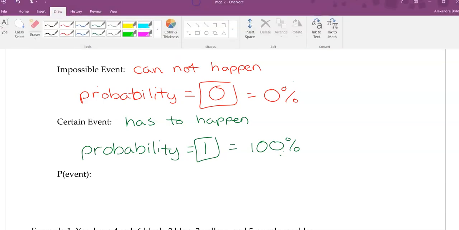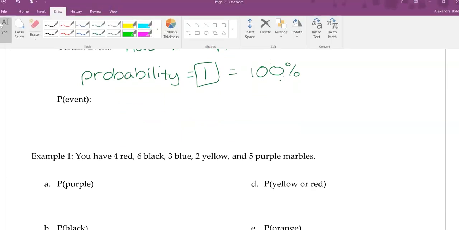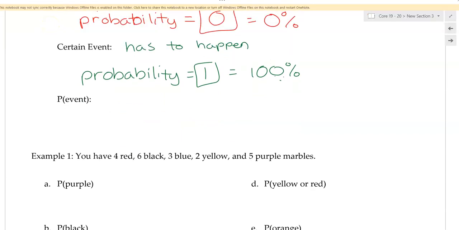This last one is just a notational thing. This P, then parentheses with event, just means probability of event.